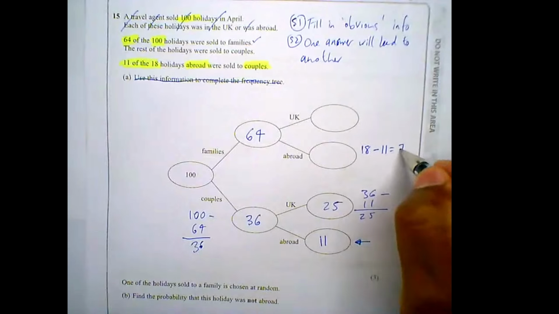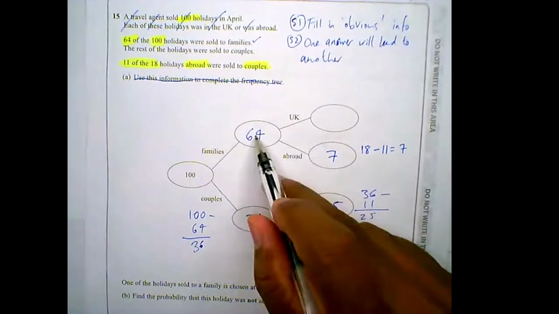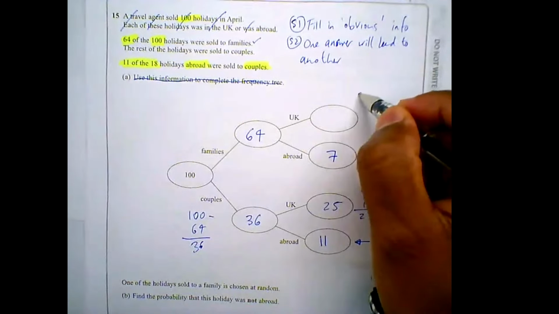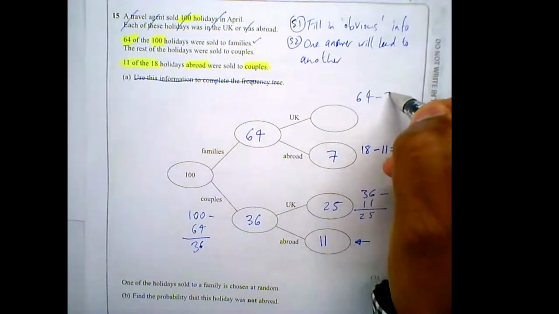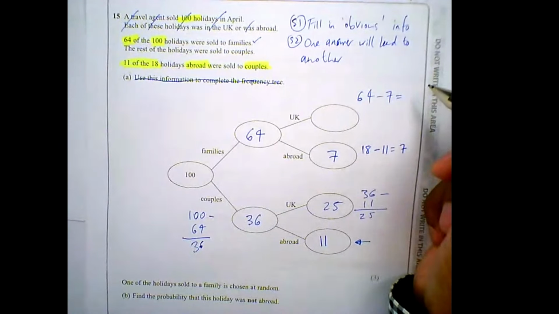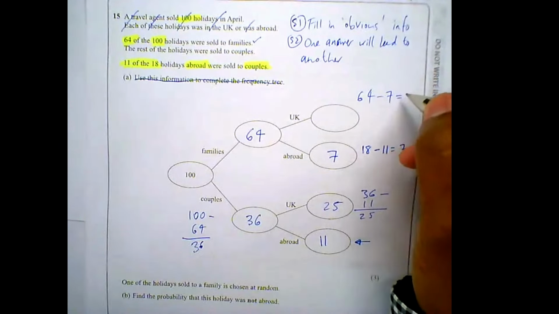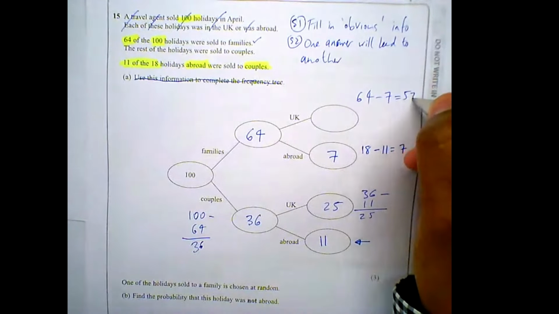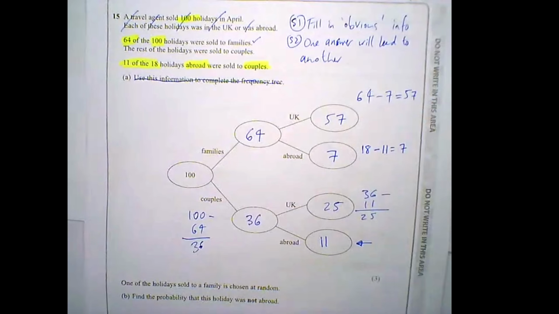That gives me 7. So this is 7. And now the next piece is easy. You can see this one here will be 64 take away 7. 64 take away 7 gives us 57. So that's part A. Hopefully you got those numbers correct.